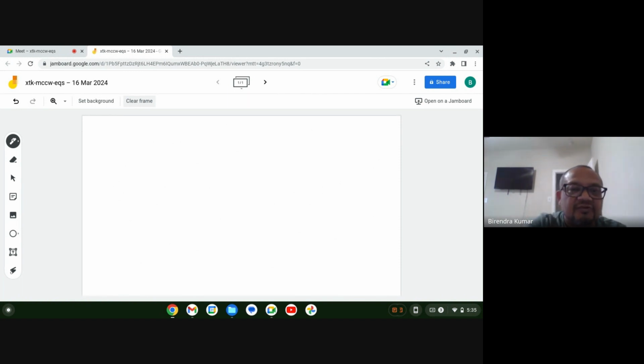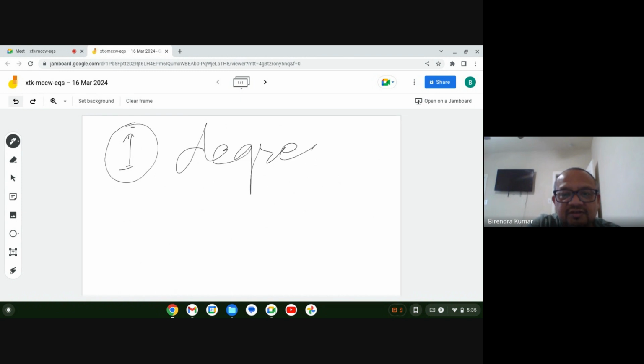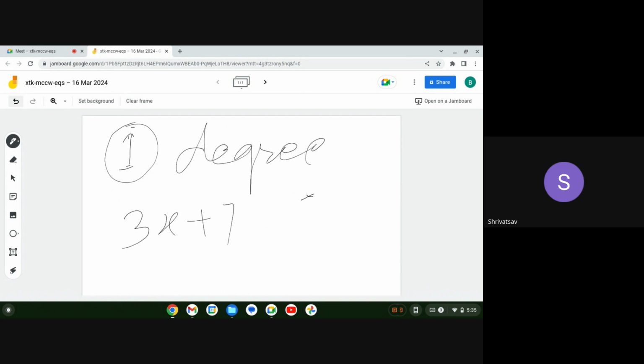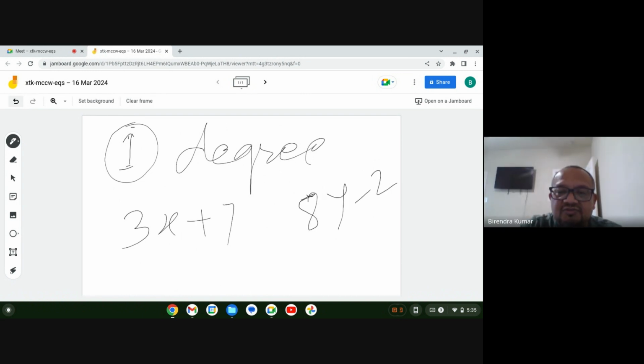If you have a polynomial expression with degree 1, I'm talking about something like this plus 7 or whatever number, or 8y minus 2.